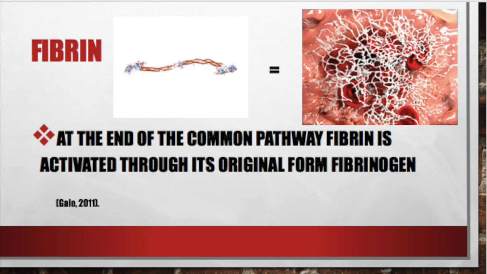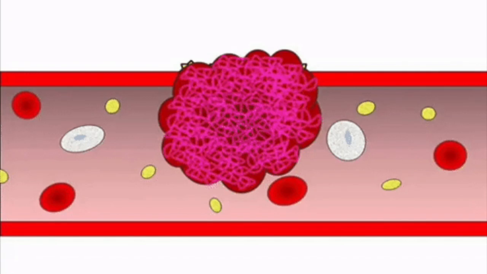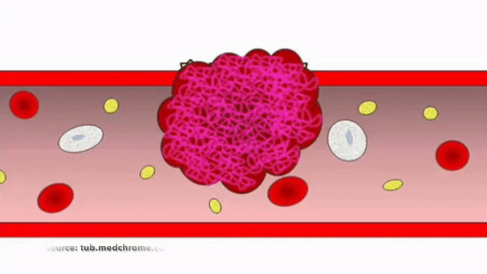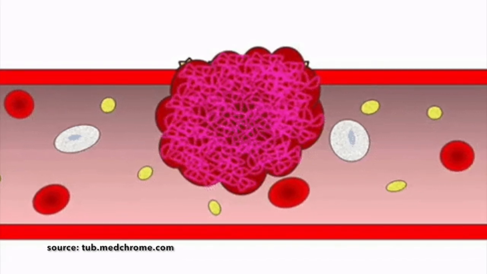Both pathways link up to what is known as the common pathway, and it is here at the end of our common pathway that we see thrombin turn the soluble plasma protein fibrinogen into long, sticky threads of insoluble fibrin. So now we have our sturdy plug with a fibrin mesh that we got through coagulation.